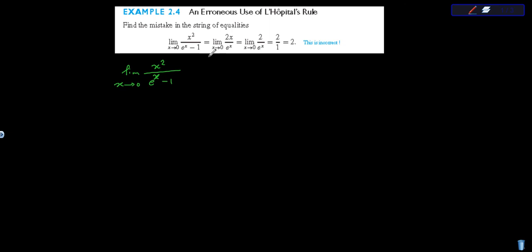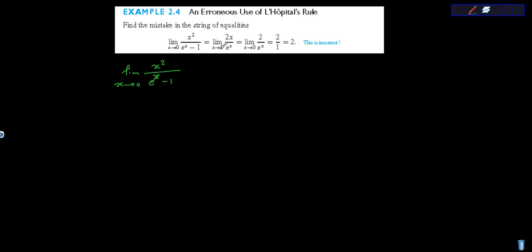I think here we apply L'Hopital's rule the first time, because the derivative of x squared is 2x, over e to the power x, the derivative of e to the power x minus 1, because the derivative of minus 1 is 0.